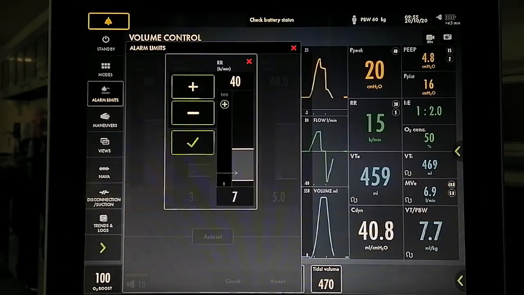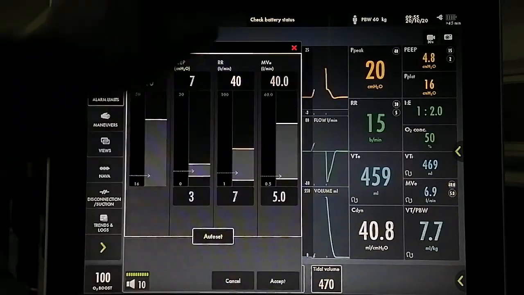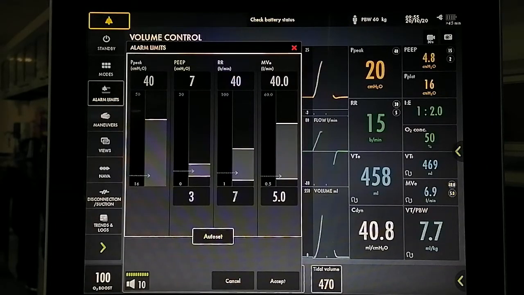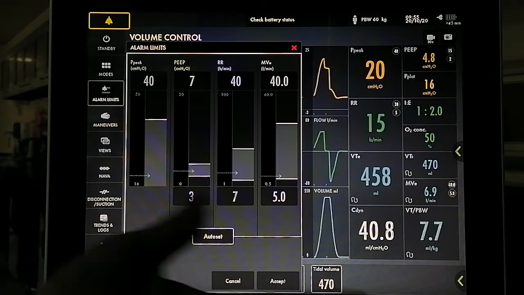In this case we set an RR of, I think, 15.